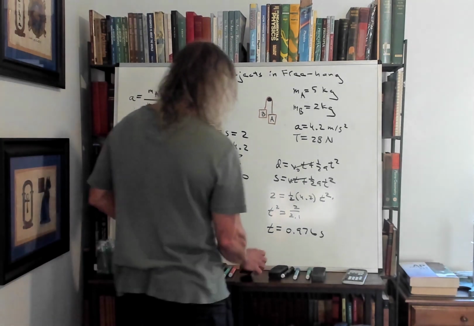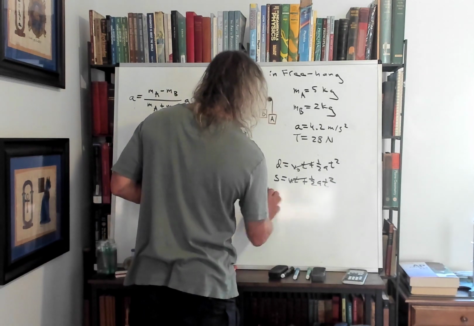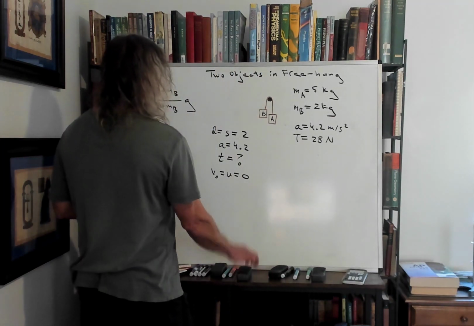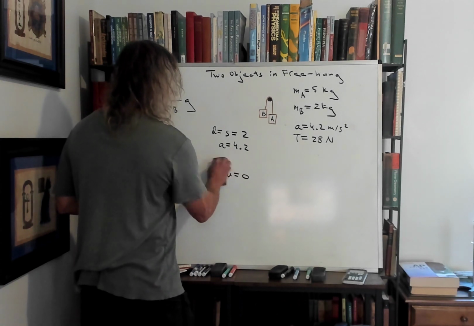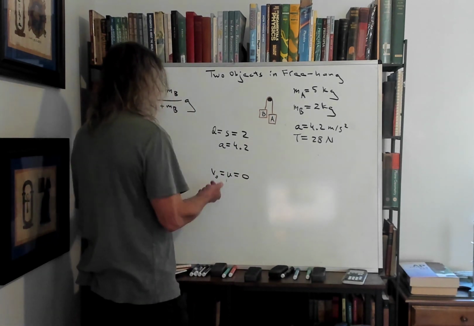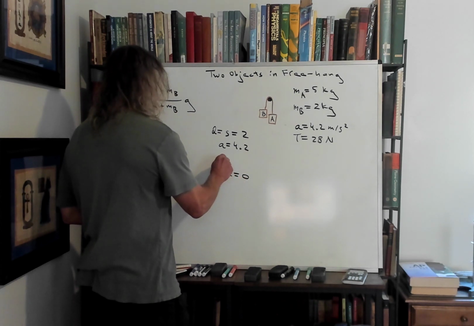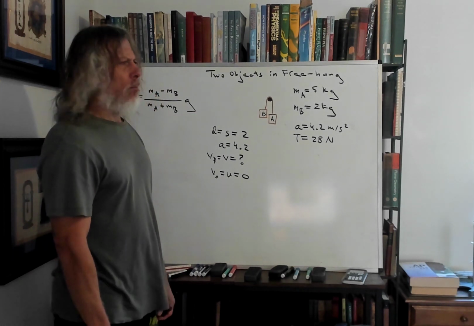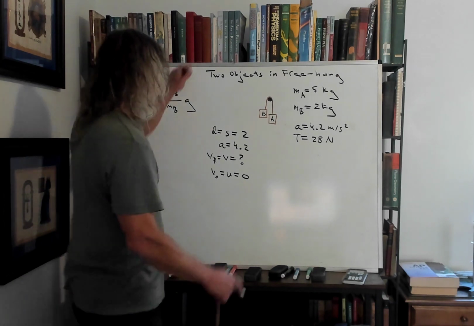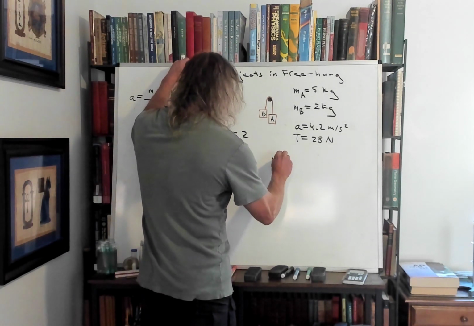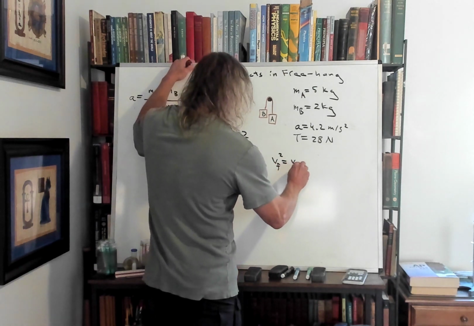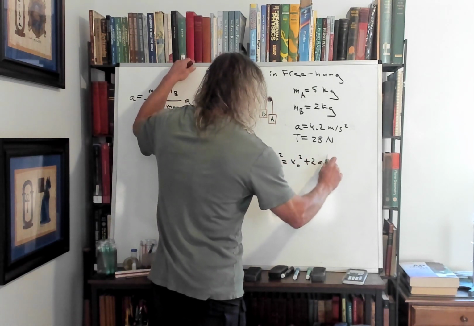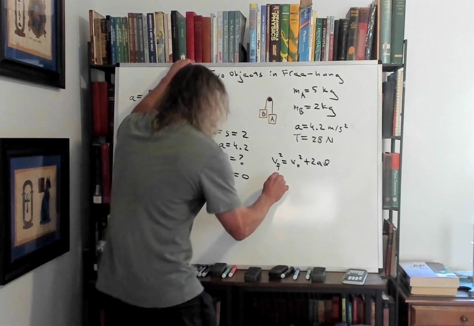So if we want to do, what's the velocity after it falls 2 meters? So initial is 0. The final velocity we're trying to figure out. Again, we look at our equations, find the one that has these things in it, for most people, or in IB speak.